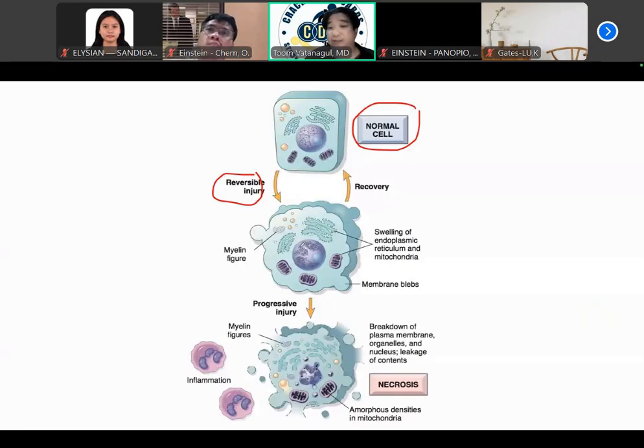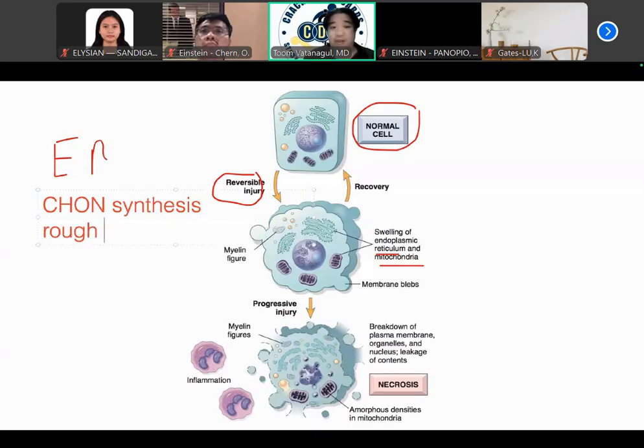It's swelling of the cell. Now, aside from swelling of the cell, there's also swelling of the endoplasmic reticulum and the mitochondria. Do not forget the endoplasmic reticulum is where protein synthesis occurs. And you have to be specific that that is the rough ER.